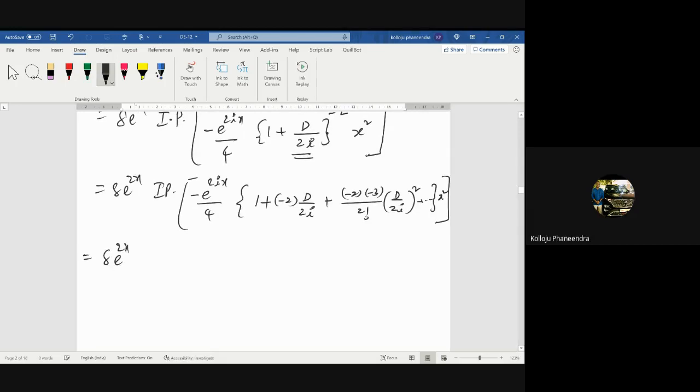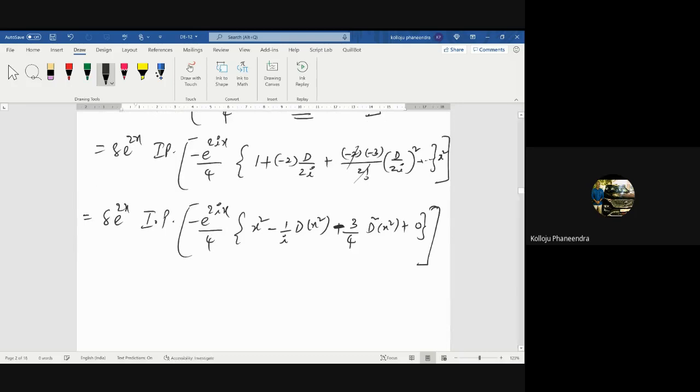So 8 into e to the power of 2x, imaginary part of negative e to the power of 2ix over 4, take x square inside: minus 1 by i D of x square. Now the 2 gets cancelled, 4 and minus is there. This is minus 3 by 4 D square of x square, and the remaining terms are 0.